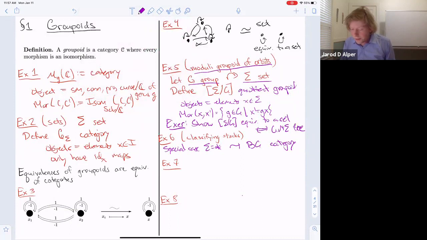This category has one object, and then morphisms from this object to itself are given by the group G. So this is the classifying stack, but this is still just a groupoid. We haven't given it a geometric structure. We're going to endow all of these with algebraic structures later. As long as you have an algebraic group acting on a scheme, we'll be able to view this geometrically later.